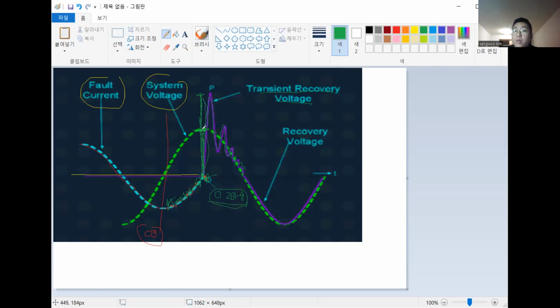Almost double, but because of the arc resistance and the circuit resistance, it cannot be. It swings like this, and when it has recovered, the voltage is the same as the system voltage. You guys can see here, the system voltage and the recovery voltage are the same.